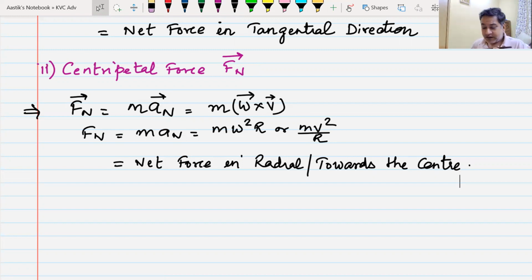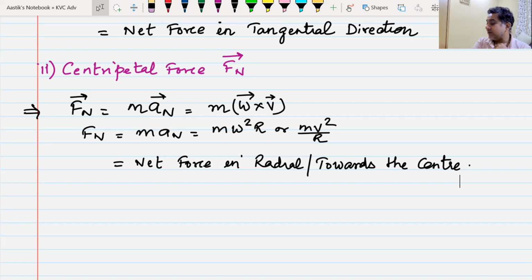Do we understand this? Any motion taking place on your table is horizontal circular motion. Any motion taking place on the plane of your board is vertical circular motion. Do we understand this? Yes, sir.